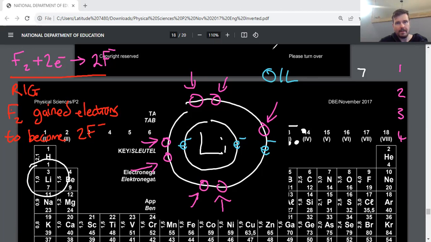Okay, so on the other side, we had lithium. So lithium plus, that's going to want to lose an electron.